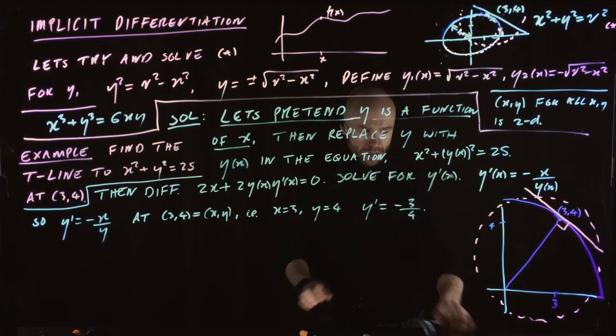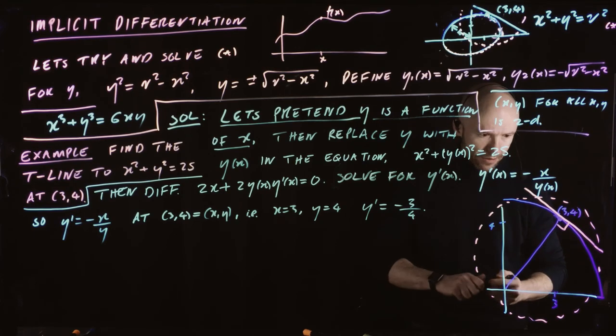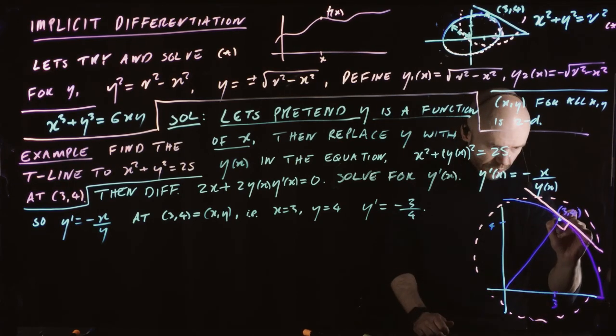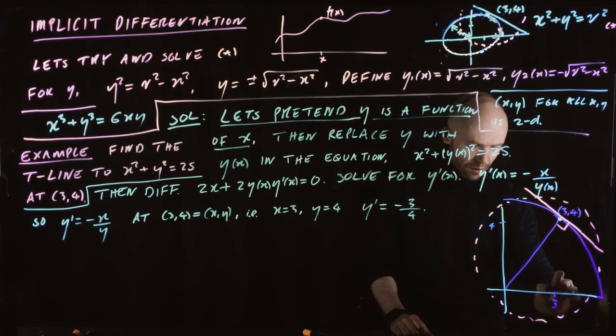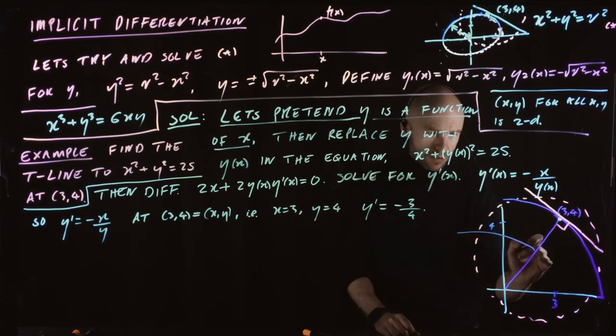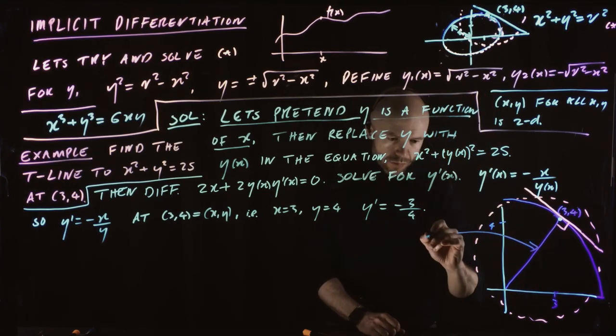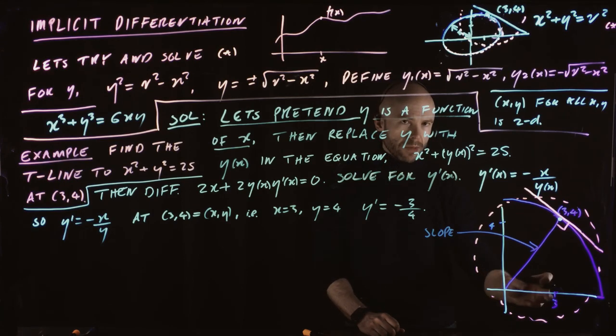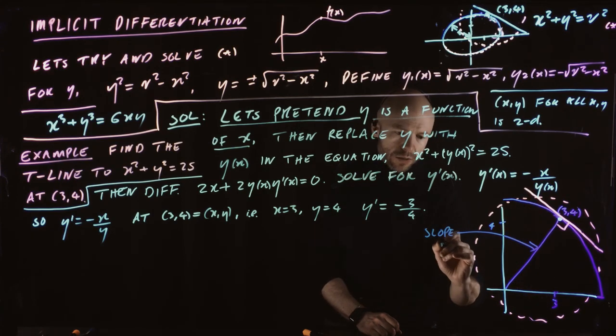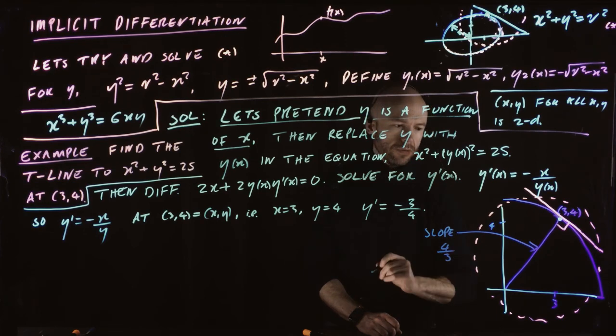So if we ask ourselves, what's the slope of this line from 0 to 3, 4? Well, let's see. We go along by 3 and we go up by 4. So the slope of this line is, again, we go along by 3, we go up by 4. So it's going to be 4 over 3.